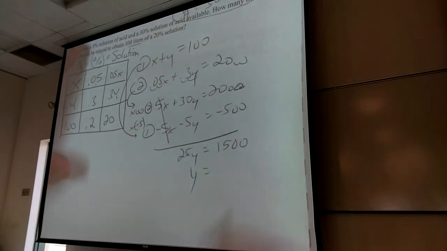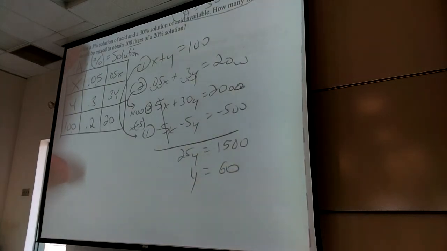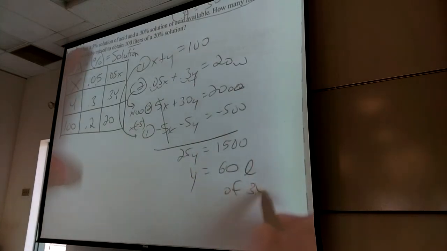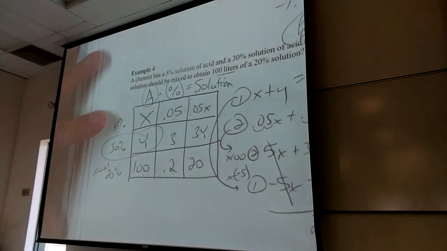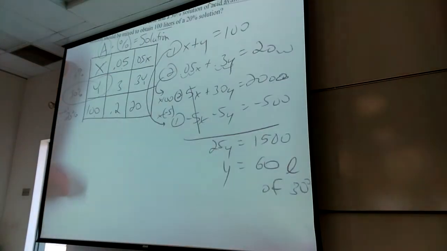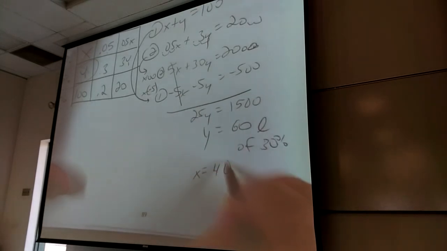So y equals 60. 60 what? Liters of 30%. So how many liters of the 5% solution? x will equal 40 liters.